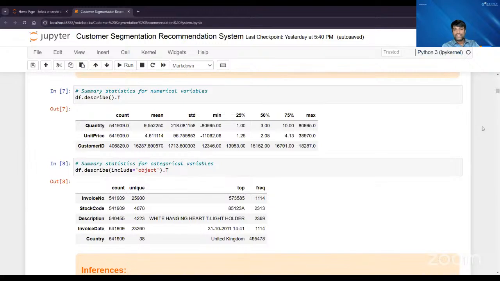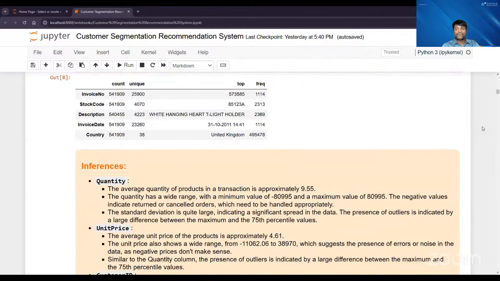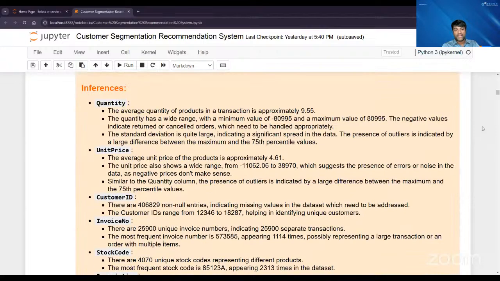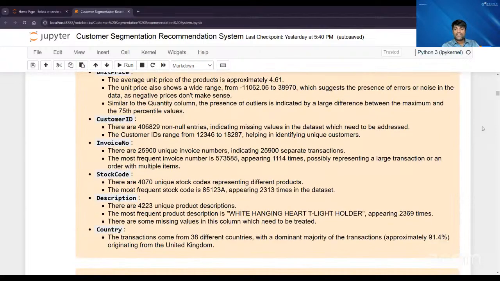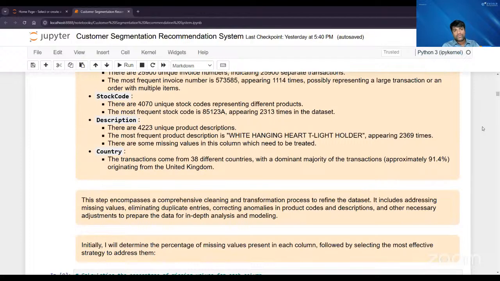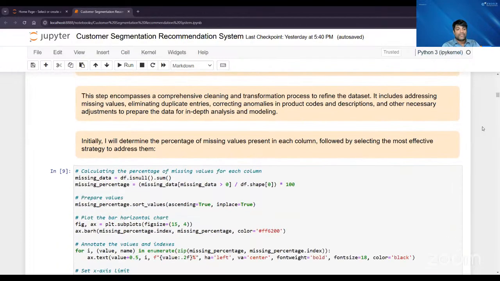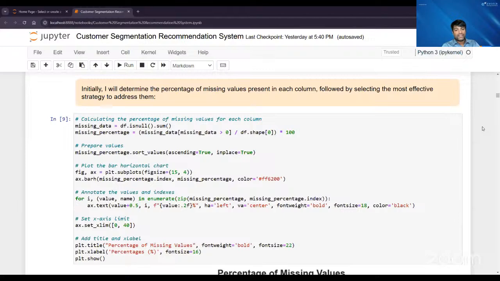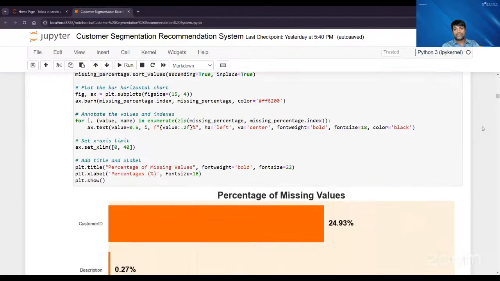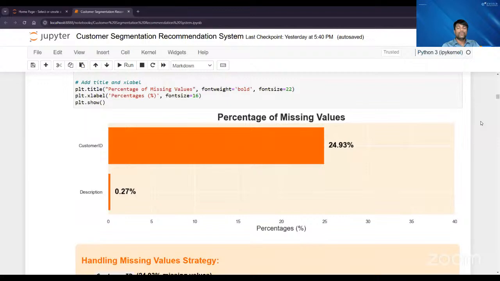Then we used the describe function, right? All these things we already discussed yesterday. We also used describe for the objects, and made an inference about what has happened. We identified some small loopholes in the data set, and we tried to identify the missing values. Mostly the missing values are in two columns, or features, which are customer ID and description.